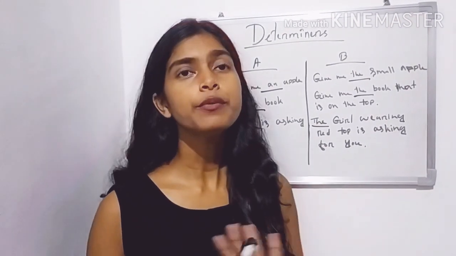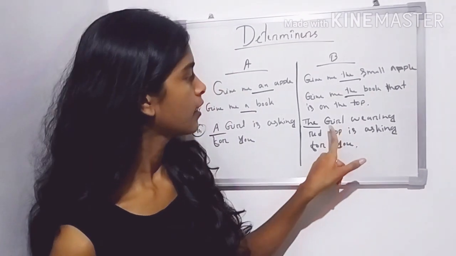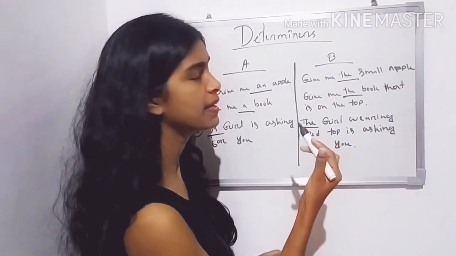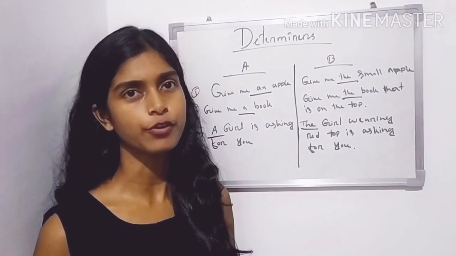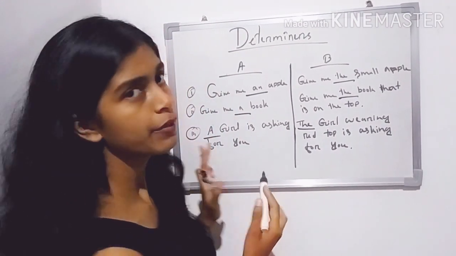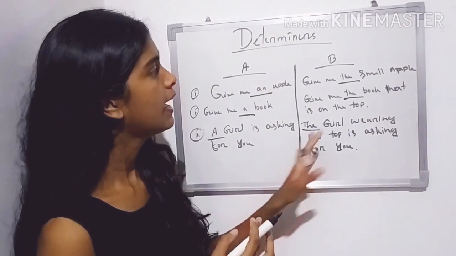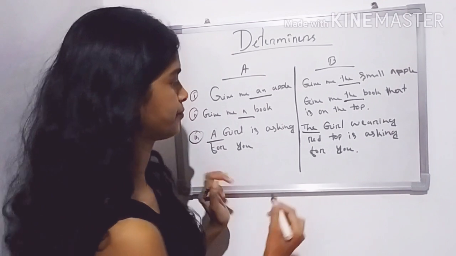He will not pay attention to any other girls but the girl wearing the red top, because it is specifically said. So in column A our sentences are general, and in column B our sentences are specific.